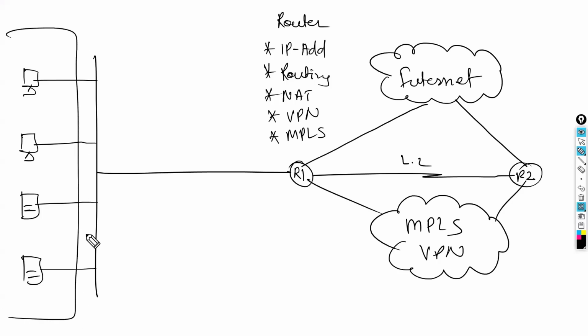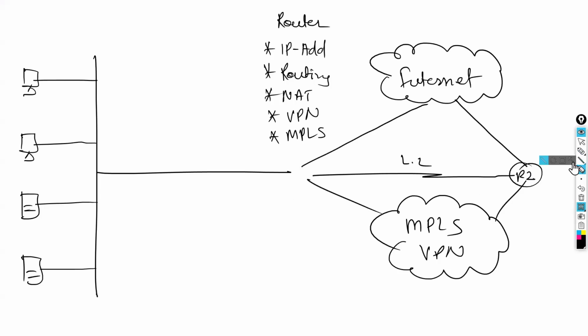Now, what do we want? We want to protect our resources. To protect our resources, till now what we have learned is that we will replace the router with a firewall. When we replace the router with a firewall, we need to configure IP addressing again, routing again, NAT again, VPN again.